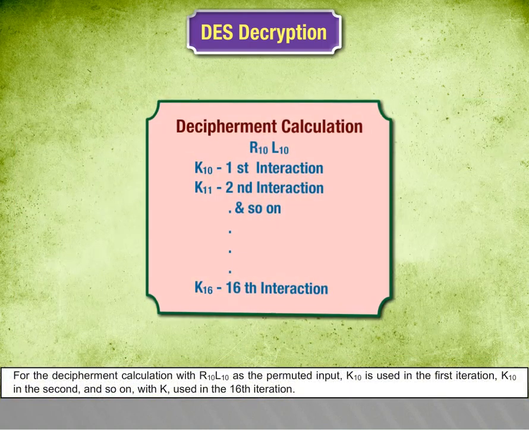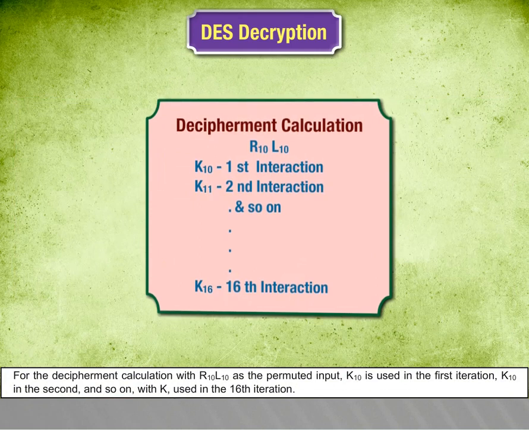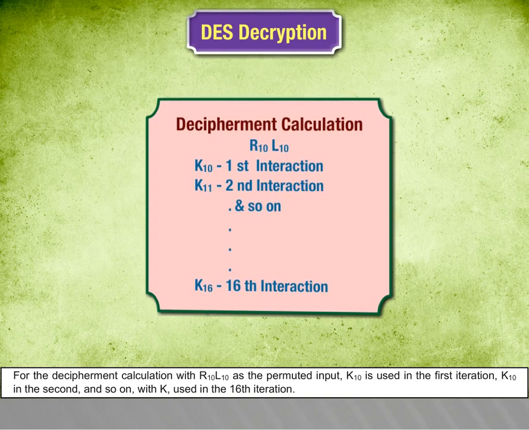For the decipherment calculation with R16L16 as the permuted input, K16 is used in the first iteration, K15 in the second, and so on, with K1 used in the 16th iteration.